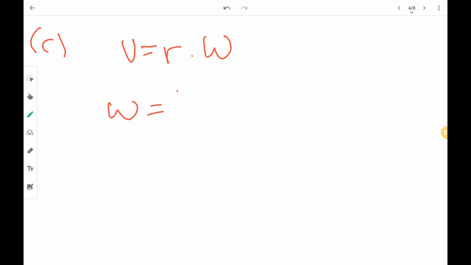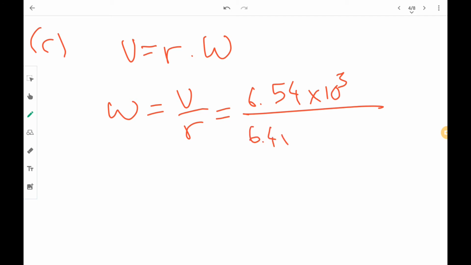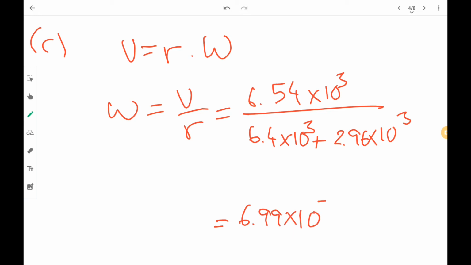So omega is the linear speed over R. The linear speed from part B, it is 6.54 times 10 to the power of 3, over the total R, which is 6.4 times 10 to the power of 3, and from part A 2.96 times 10 to the power of 3, and you will get 6.99 times 10 to the power of minus 4 radians per second.